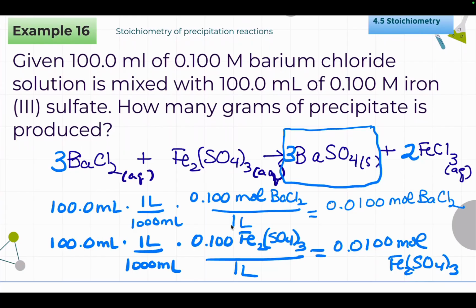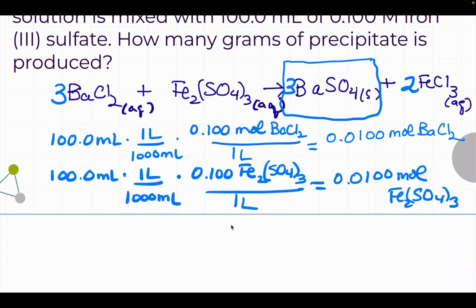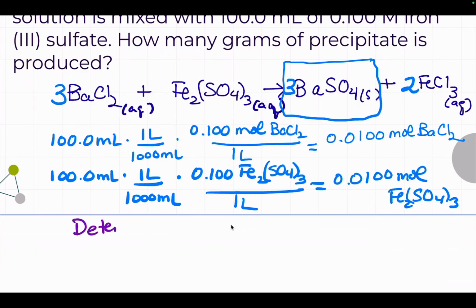So you can see based on the mole ratio which one is the limiting, but I am going to show you just because it's a process. So first thing I did is I always convert my reactants to moles. Second thing now is I'm going to determine the limiting reactant.